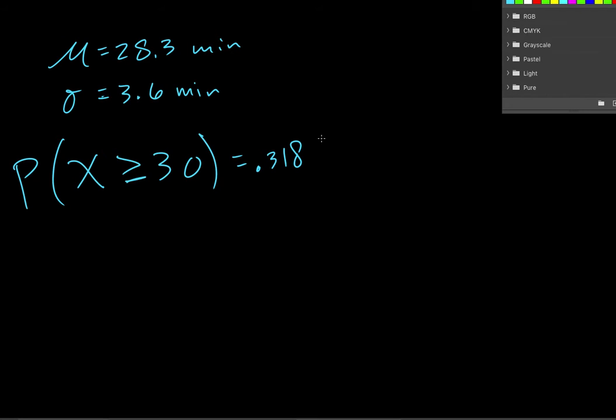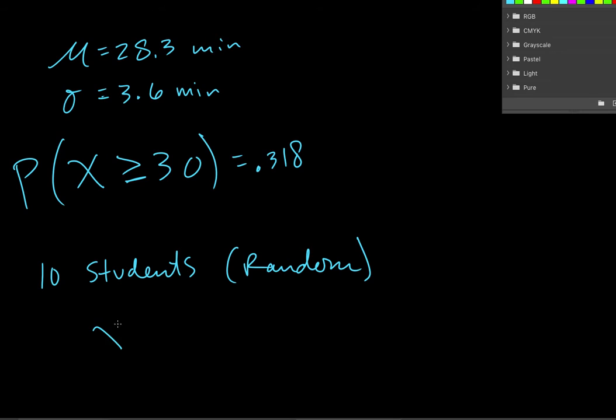Okay, so out of 10 randomly selected students, 5 or fewer, we're going to say y less than or equal to 5, took at least 30 minutes to complete the puzzle.